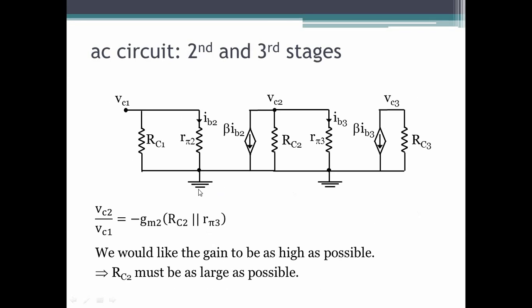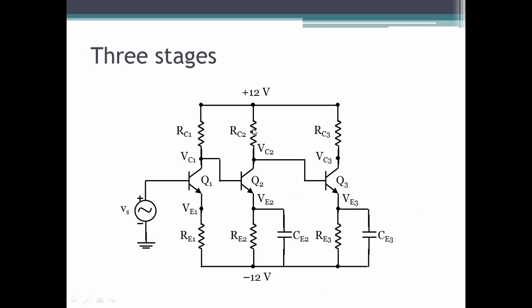Let's look at the circuit. If this is 12 kilo ohms and 1 milliamp flows through it, then the voltage across RC2 is 12 volts and this node voltage will be 0. This node voltage is already 0, then the VCE of Q2 will become 0 and the transistor will go out of the active mode.